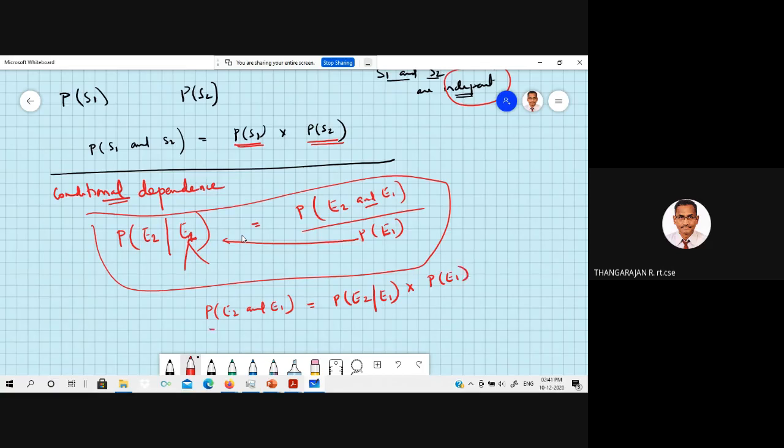You can see that this is a joint distribution, and this is an independent distribution, and this is a conditional distribution. So you have a conditional distribution and a single distribution. This is a joint probability, not distribution. I'll come to distribution later. So the joint probability is a conditional probability into a probability.